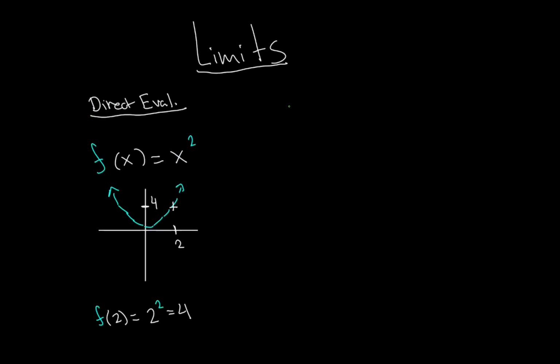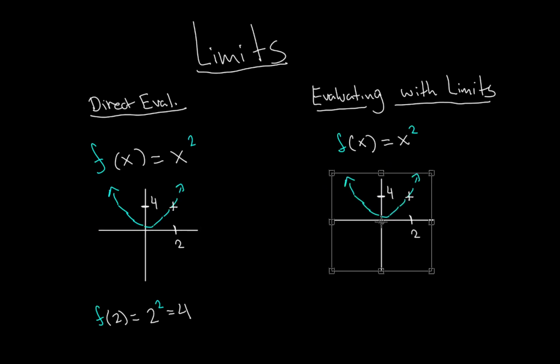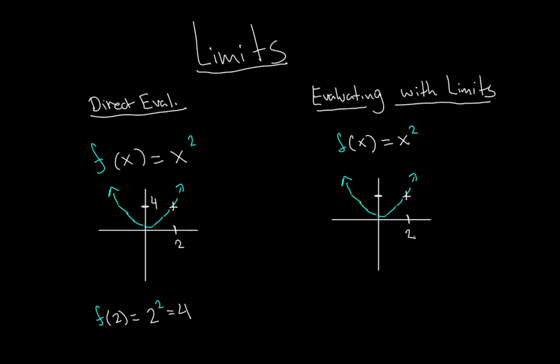And now let's try and understand how evaluating limits differs. We still want to evaluate the function at 2, but we're going to evaluate with a limit instead. So what this does is, instead we evaluate points around 2, not at 2.